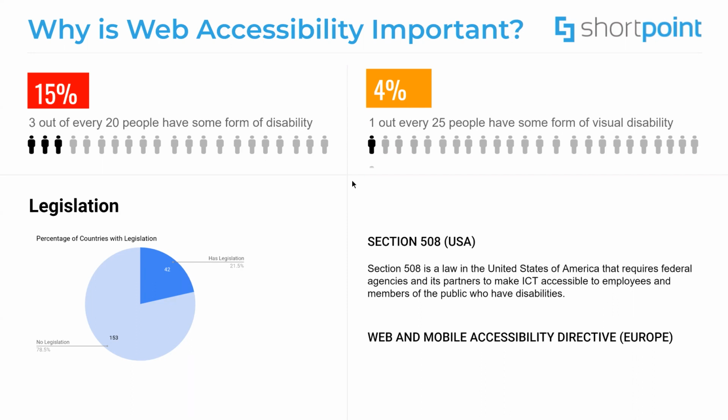Basically, what this legislation is trying to do is to mandate and require all federal agencies in the USA to make their ICT platforms, which are their web pages, their web applications, and any other kind of user interface that is connected to the internet, accessible to users and their employees.